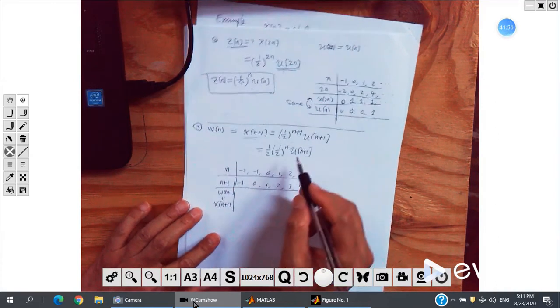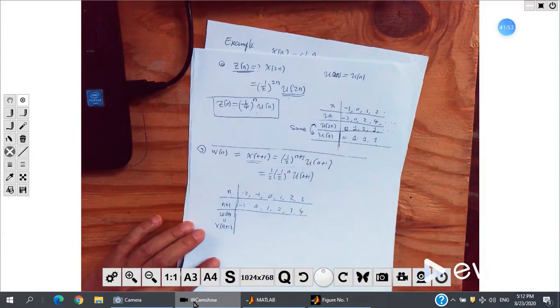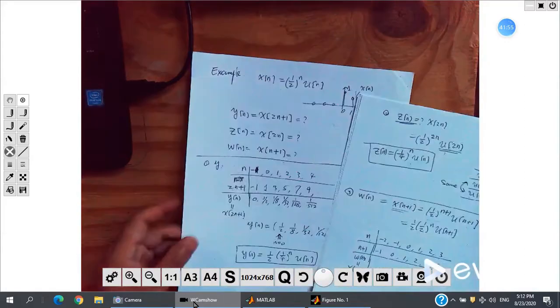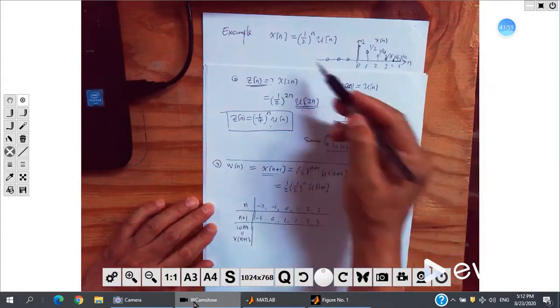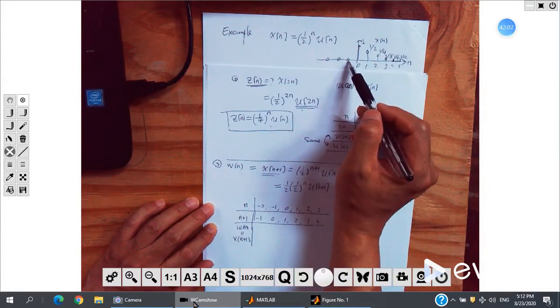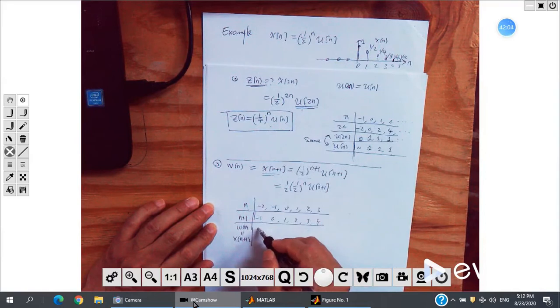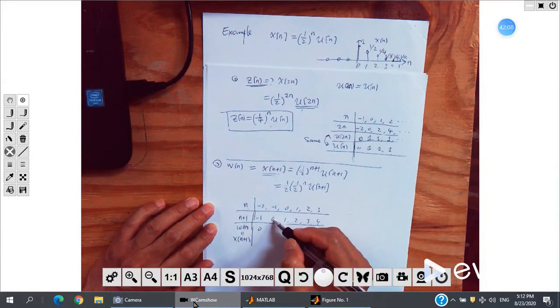X of -1. What is x? I'm sorry. X is here. So when n is -1, it's 0. So here's a 0. When the index is 0, it is 1.